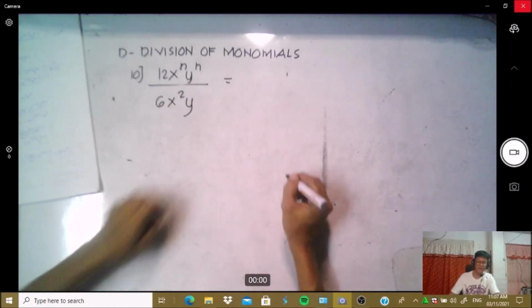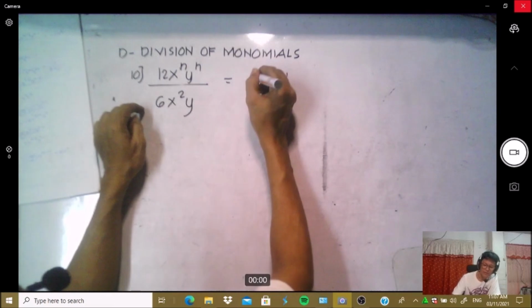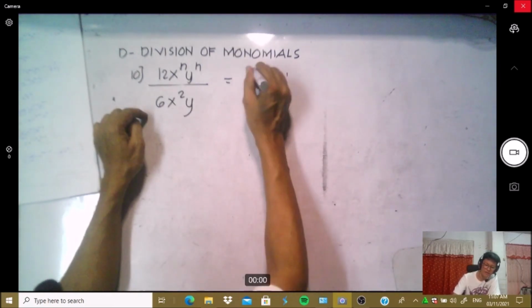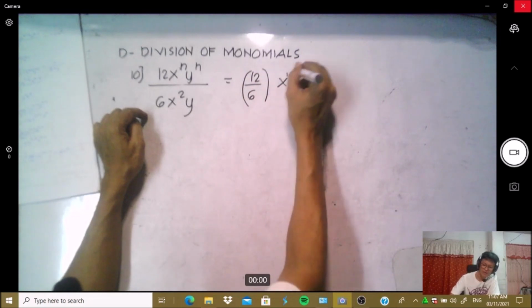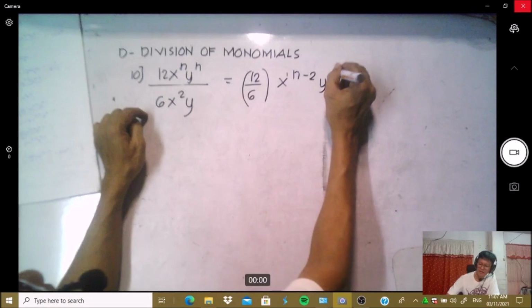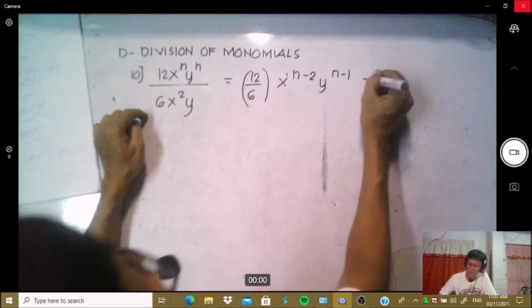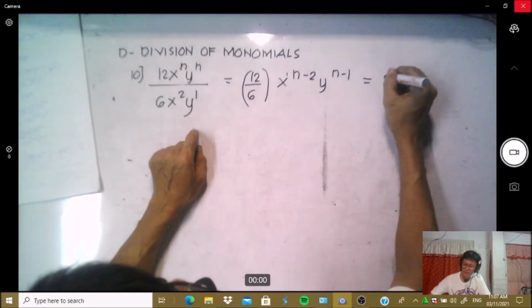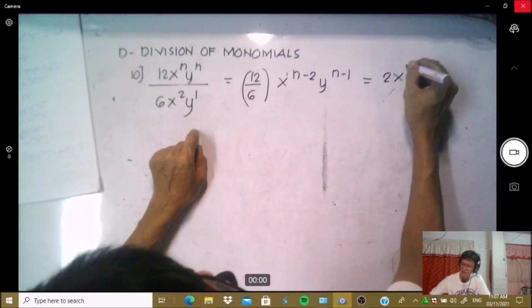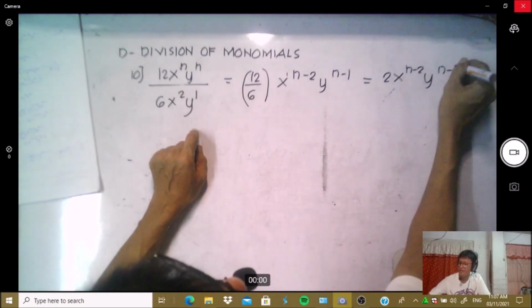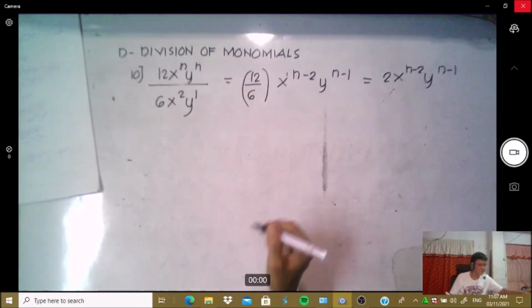Okay, so we have 12 divided by 6. Then we have x raised to n minus 2, then y raised to n minus 1. Okay, we have 1 here. So 12 divided by 6 is 2, x raised to n minus 2, y raised to n minus 1.